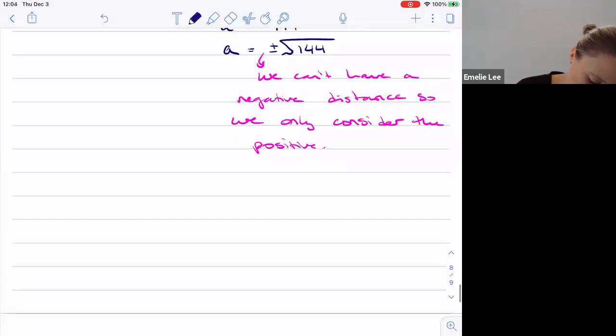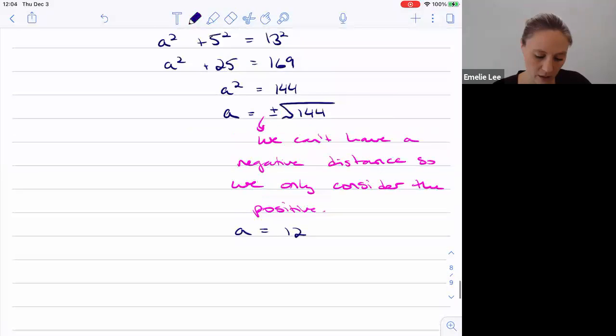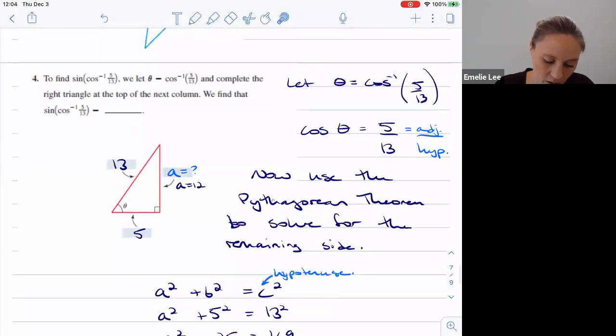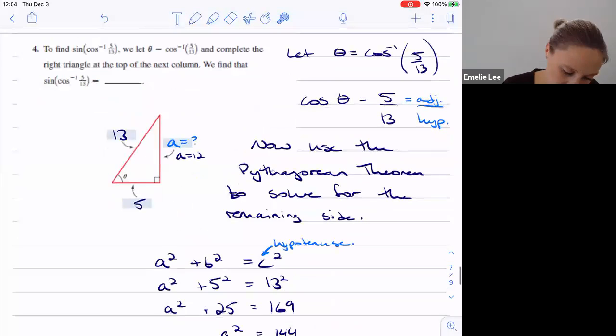So we found that A must be 12, the root of 144. So now we can say that side is 12. Now I go back, and I let theta be this whole thing. So the sine of theta, from the triangle, is the opposite over the hypotenuse, 12 over 13. And we're done.